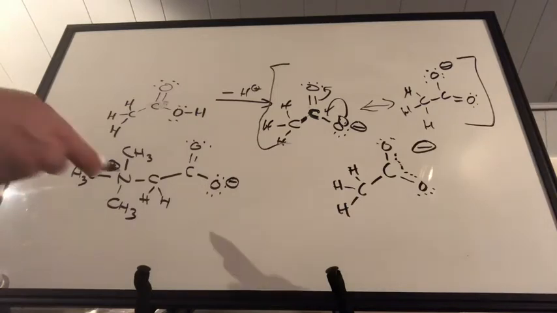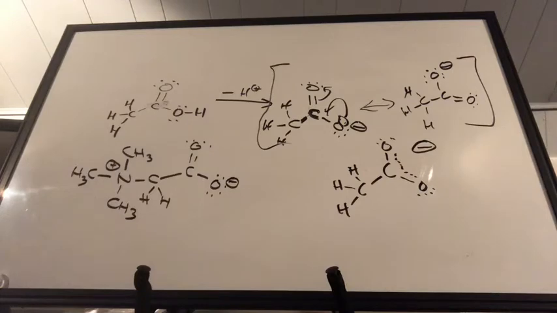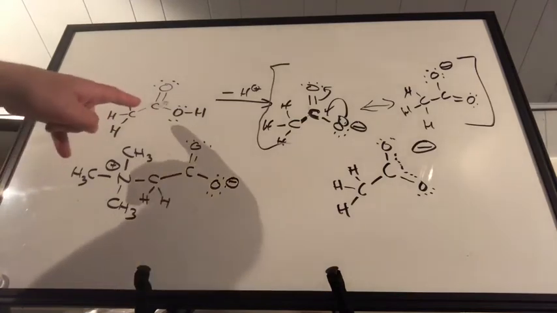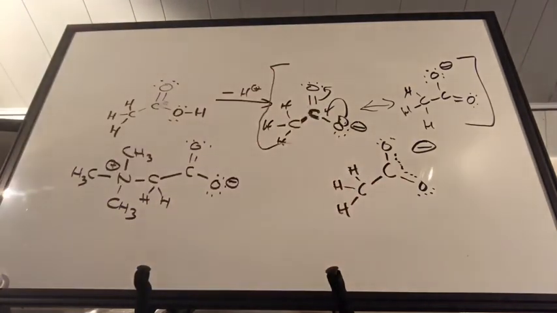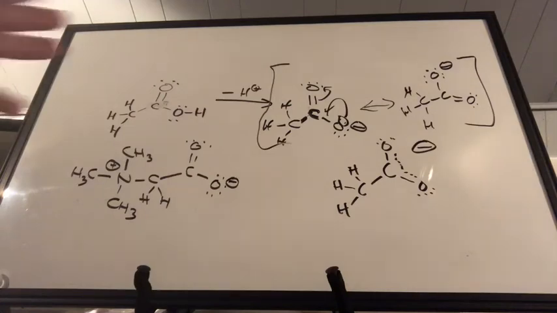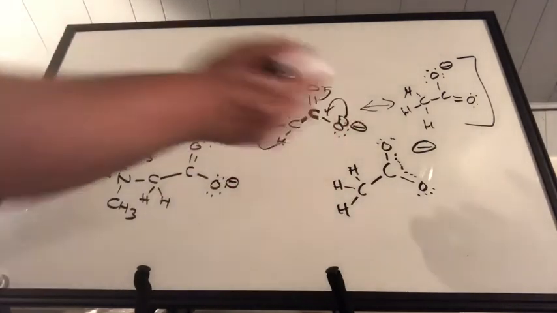Okay, so to identify an ionic bond, right? Let's say if you wanted to keep this as a salt, let's say this particular example right here, if you wanted to keep that stabilized, you would need to have a sodium plus or a potassium plus or something like that, because it can't just exist on its own.